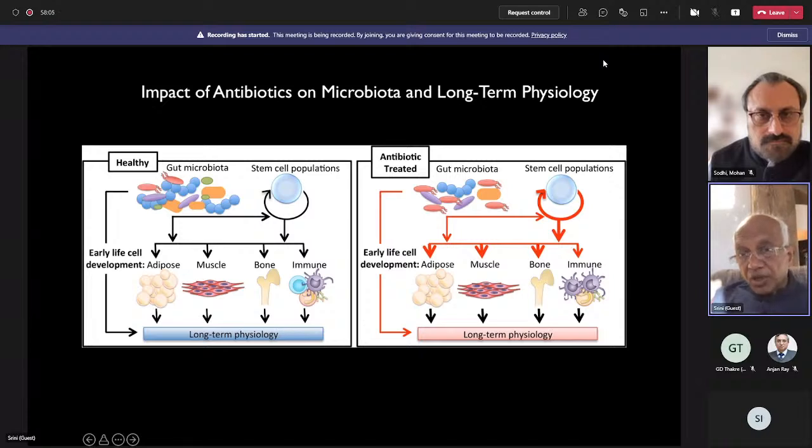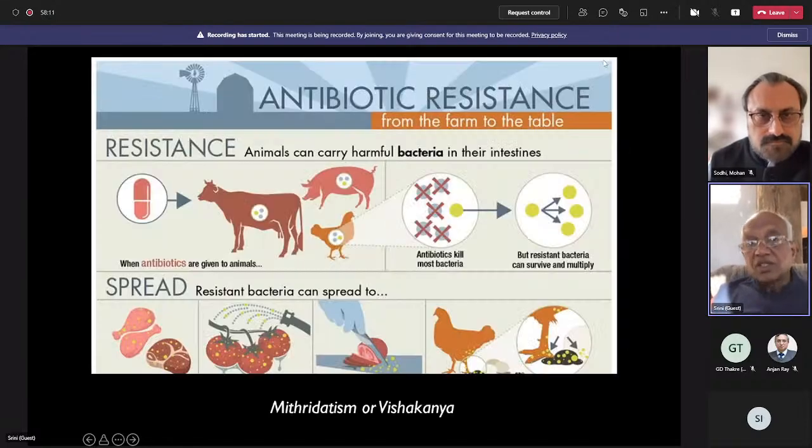And when you take antibiotics, it becomes completely depleted, and you have only a few that are left, and that's not good.